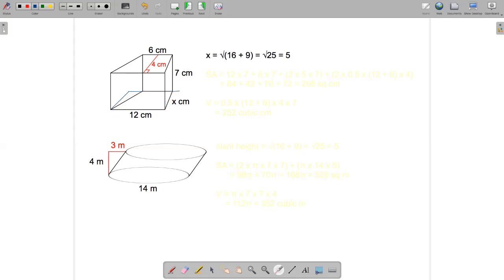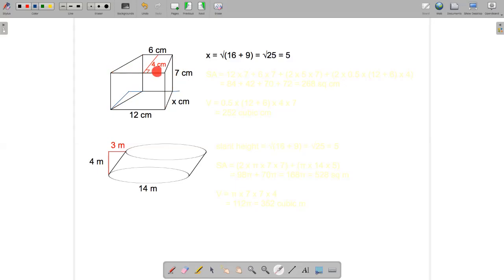So then the surface area, well, it's going to be this rectangle at the front, plus the rectangle at the back, plus this rectangle on the side, and then this one that's hidden over here on this side, and they're going to be the same. Okay, they're 5 times 7. And then what else?